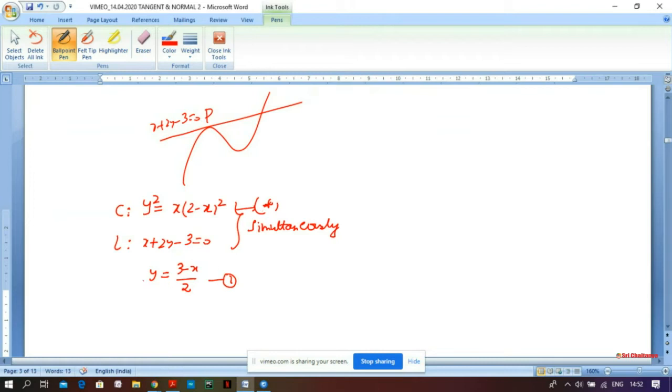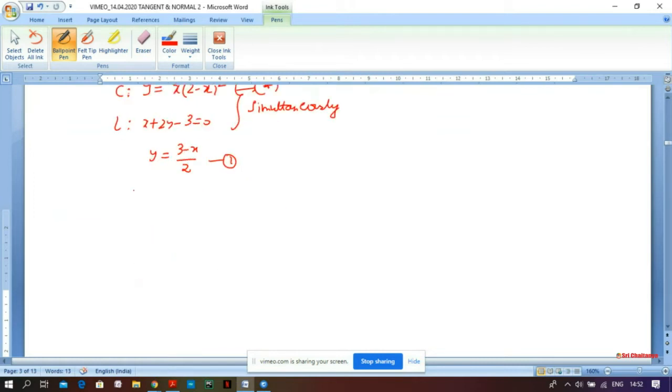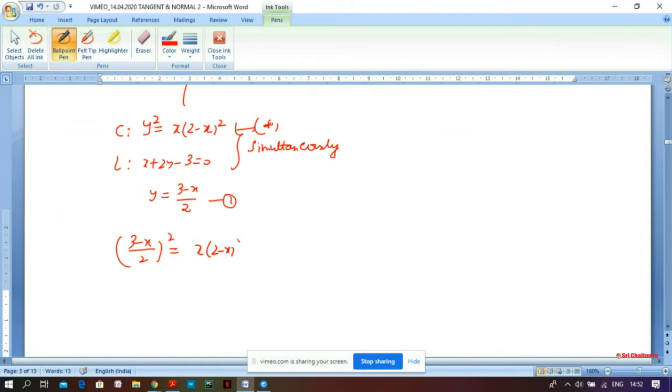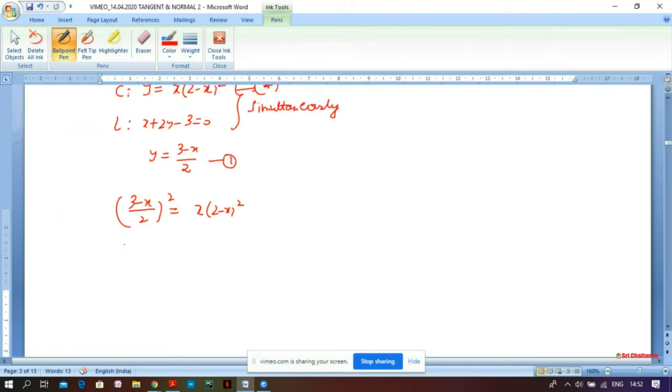And so I will get ((3 minus x)/2) squared equals x times (2 minus x) squared. I can expand that. I'll get 9 minus 6x plus x squared, and this 4 comes here: 4x times (2 minus x) squared. So that is 4x times (4 minus 4x plus x squared).